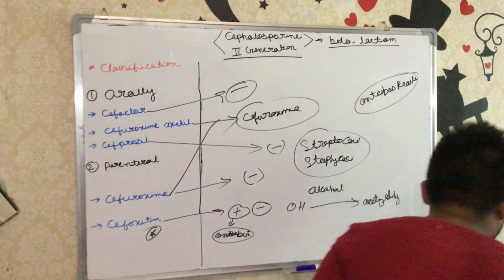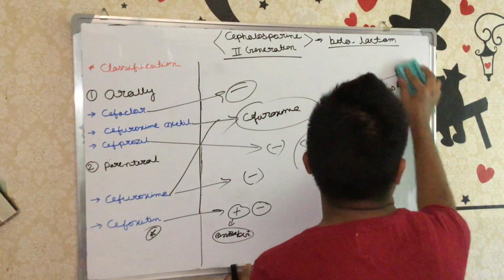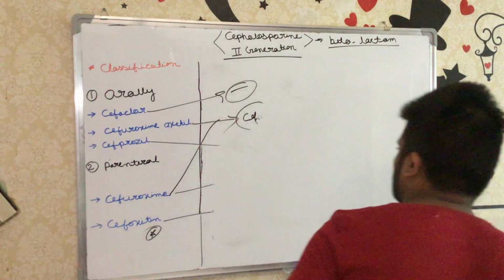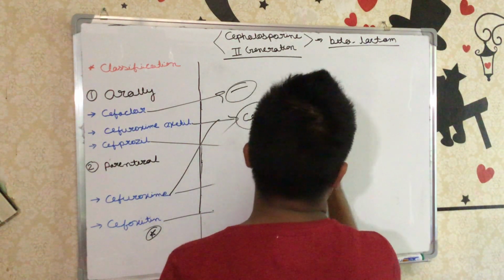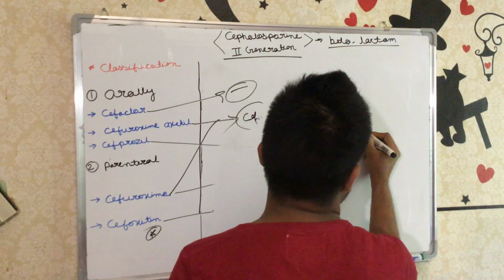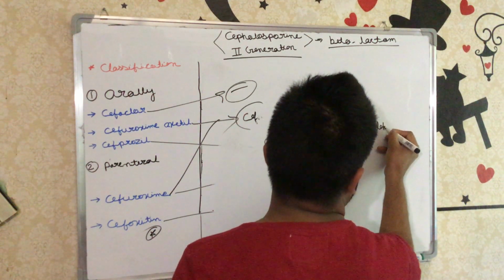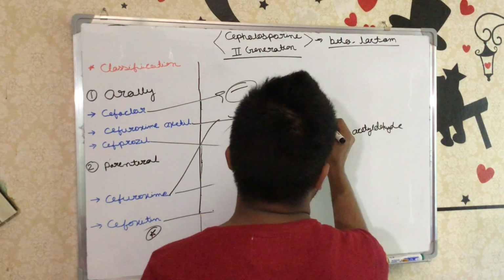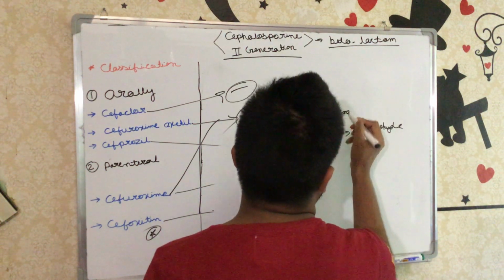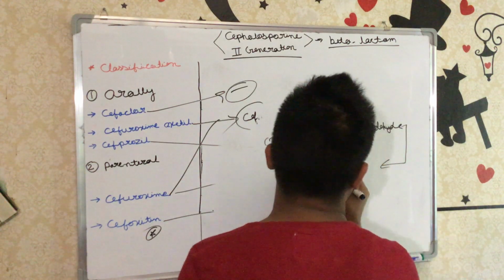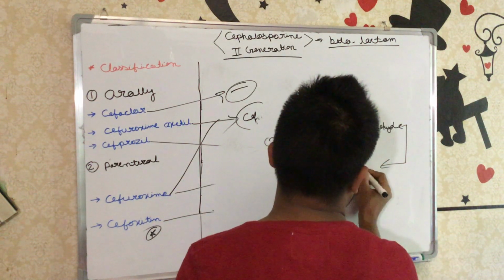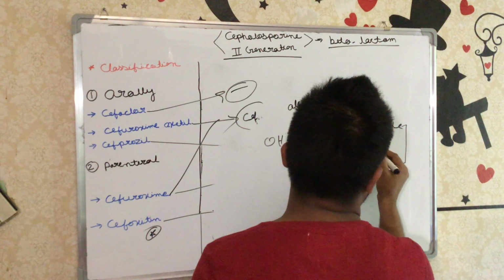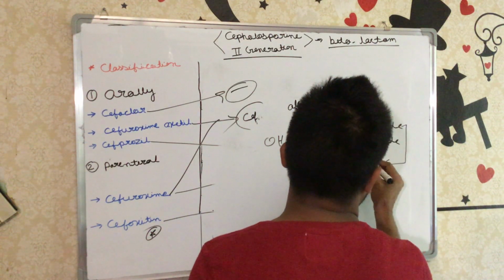So when a person drinks alcohol, normally, I'm talking physiologically, alcohol will convert to acetaldehyde by the help of alcohol dehydrogenase, and then acetaldehyde will further convert to acetic acid by the help of aldehyde dehydrogenase.